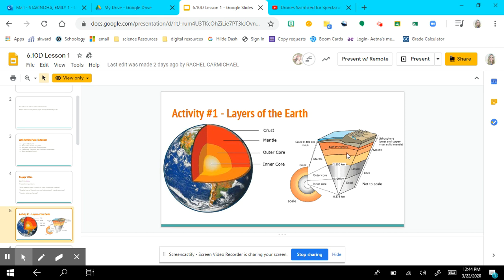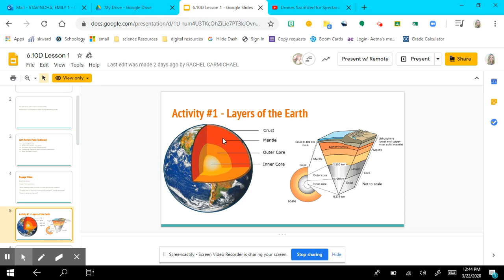And then the rest of the earth is all of this stuff, okay? So we've got our crust. This is what we live on. And then underneath all of that is this huge planet filled with magma and other elements like molten iron. Remember how we said that the inner core is solid, the outer core is liquid.